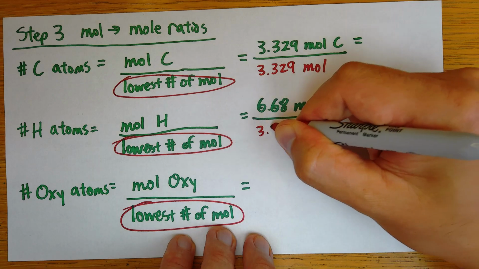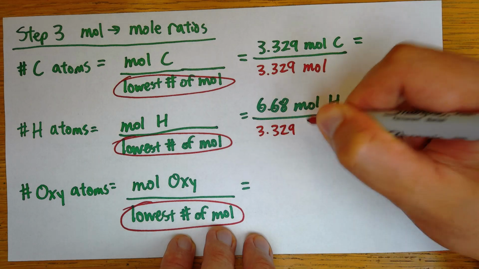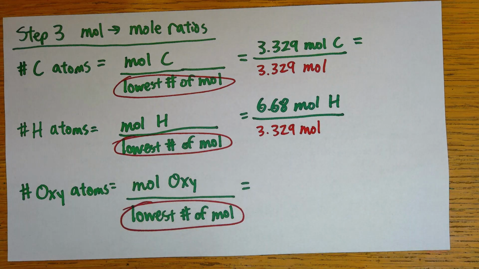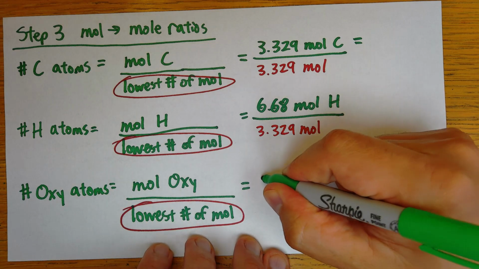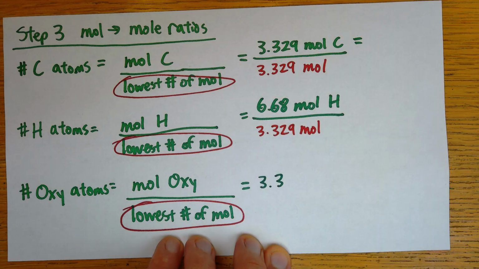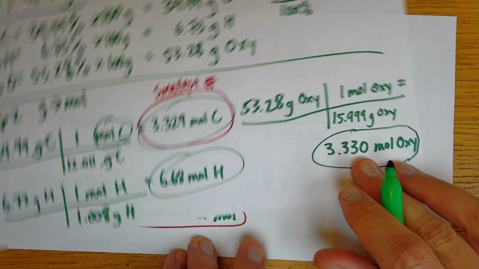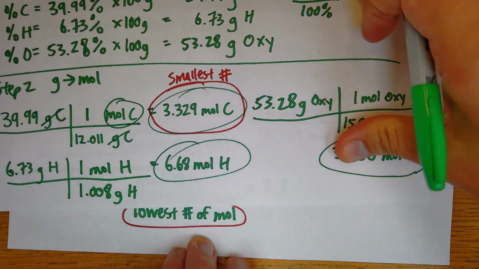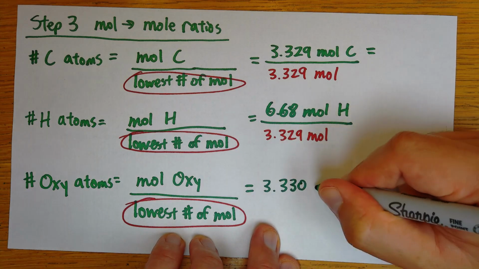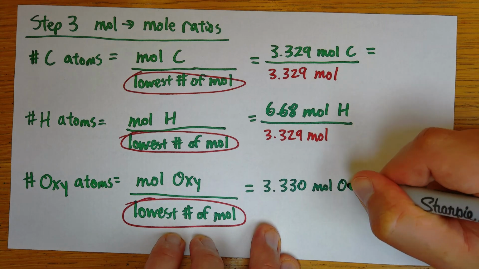Divide by 3.329 moles again. And then we got 3.330 moles of oxygen.